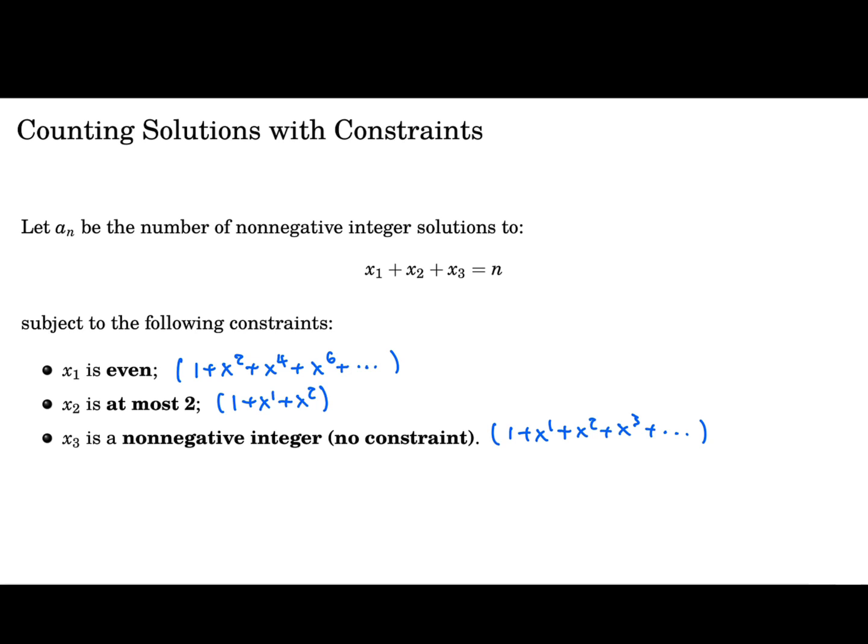Okay, and once again, what are we interested in? Our A of x is just multiplying all of these. 1 plus x squared plus x to the 4, and we multiply this with the second one, x plus x squared, and multiply this with the third one, and so on.